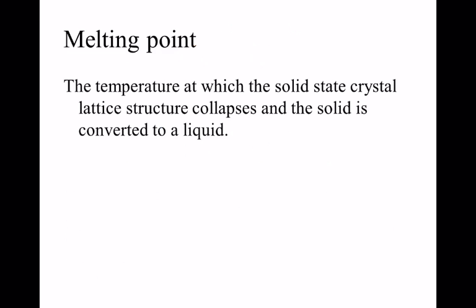Okay. So what temperature would something melt at? Well, sometimes it's a temperature range if you have an impure solid. The more distinct your melting point temperature, the more pure your substance is. But generally we say that it's when your crystalline lattice structure collapses.